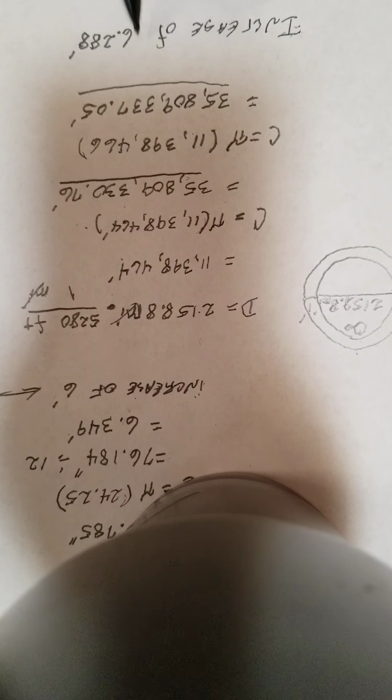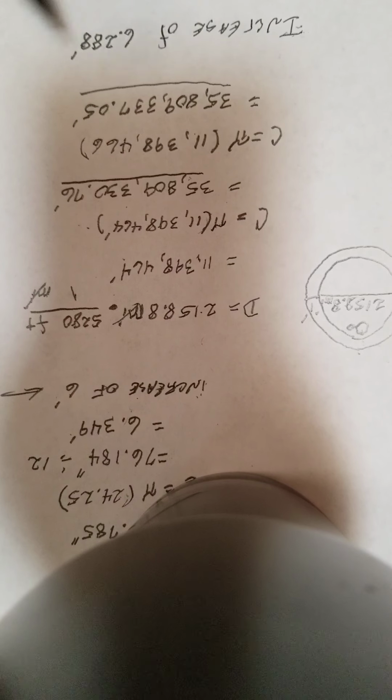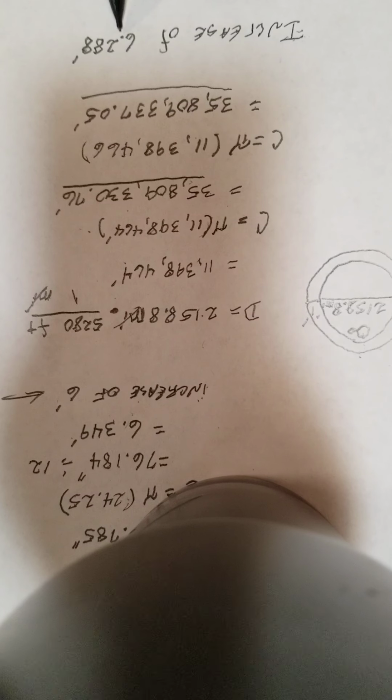Approximately 6 feet, if we're just rounding. And for the purpose of this, that's what we're going to do. All right, so it increased a little more than 6 feet.